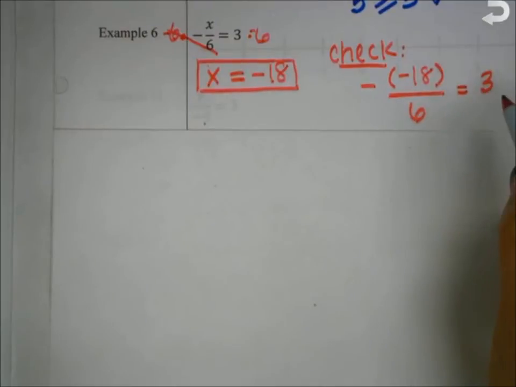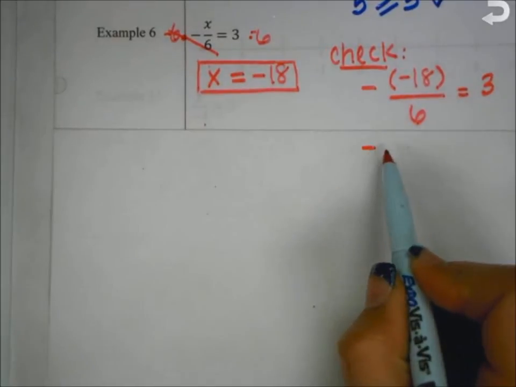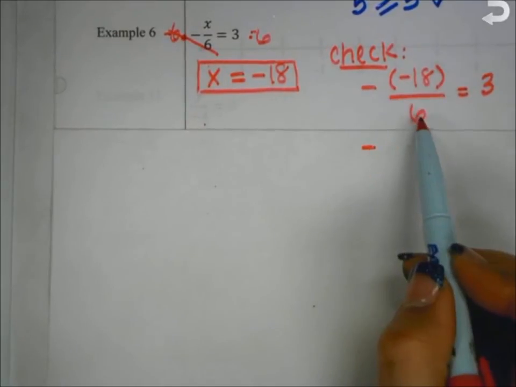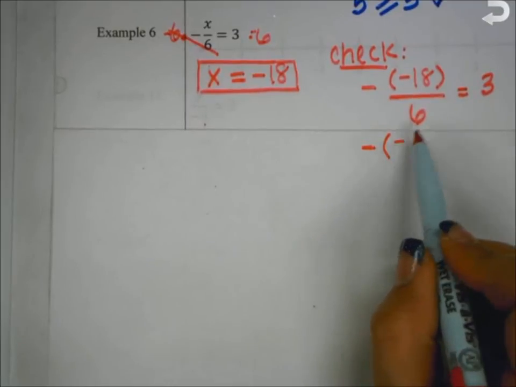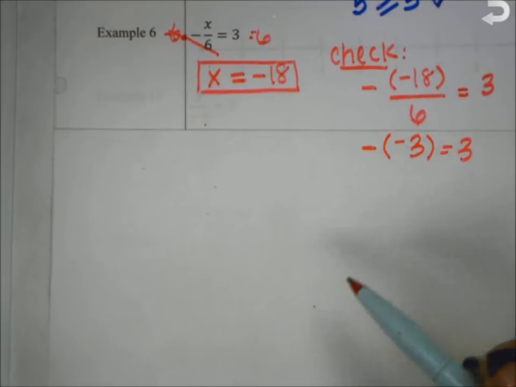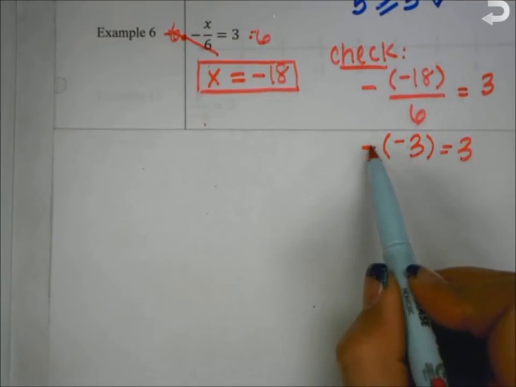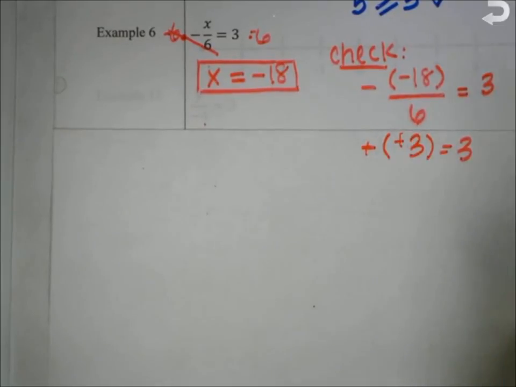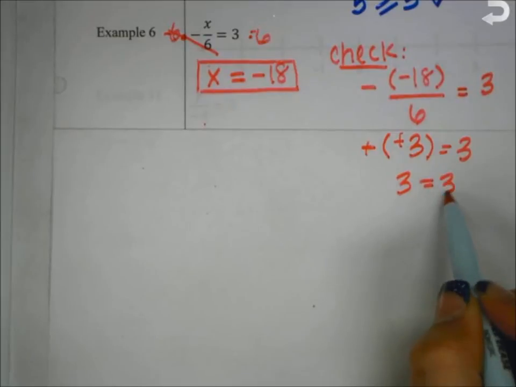Negative 18 divided by positive 6, what does that give me? Negative 3 equals positive 3. We're still not sure. But I have minus and negative, so what happens? Both become positive. So I have positive 3 equals positive 3. Is that true? Yes, it is. So we got the correct answer. Little tricky, huh?